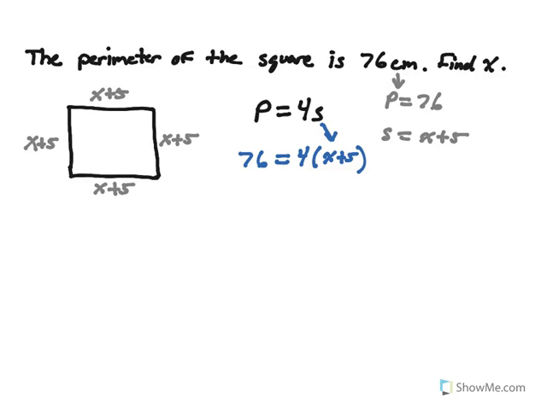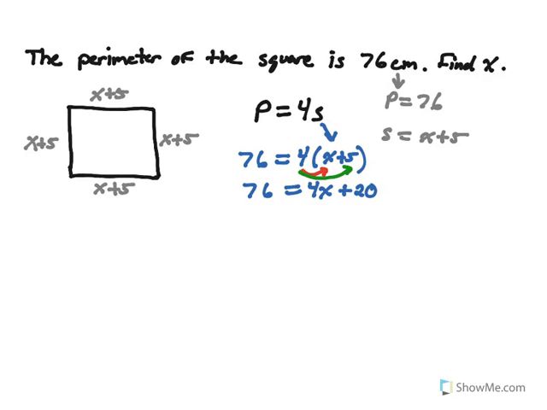And now I can go ahead and solve for x. So what am I doing over here? I'm going to distribute the 4 and the x, and I'll get 4x. And then I'm going to distribute the 4 with the 5, and then I'm going to get a positive 20.